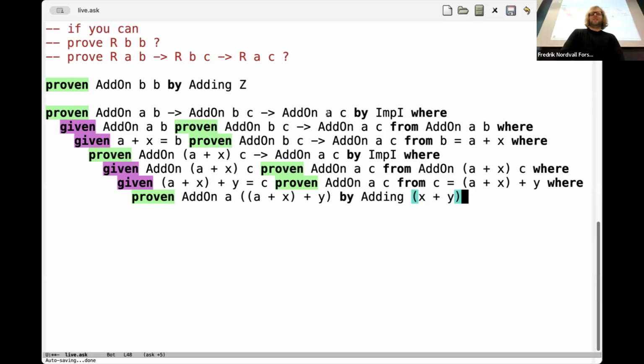Notice we didn't use any of the definition of plus itself, right? We just used the fact that it had a unit, which is 0, and that it was associative. But we didn't care about the exact equations that plus satisfied. Okay. Right.